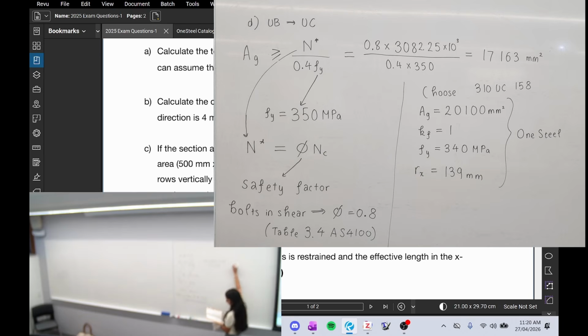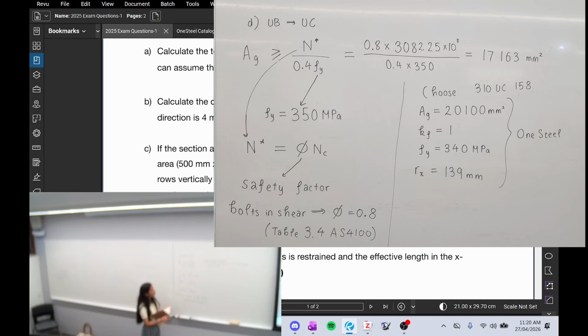And this should give you 17,163 millimeters squared. So basically what this means is, oh sorry, this is going to be the other way around. Our new AG has to be bigger than this area that we found before.